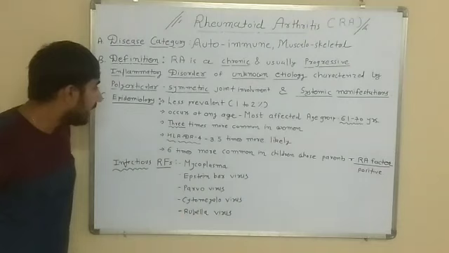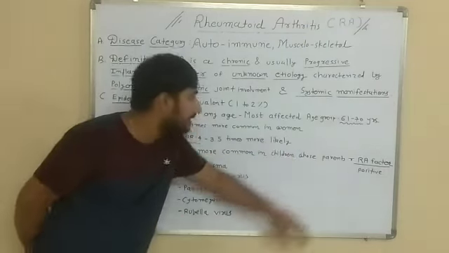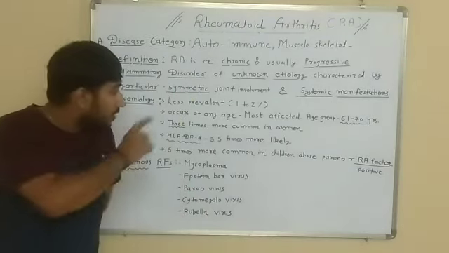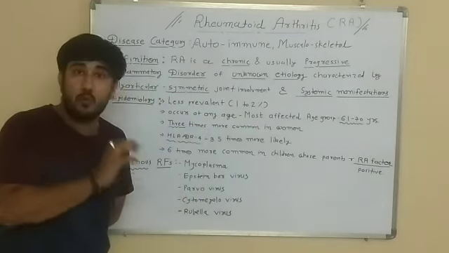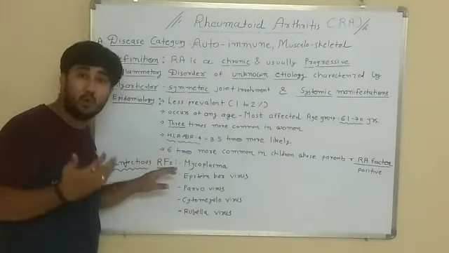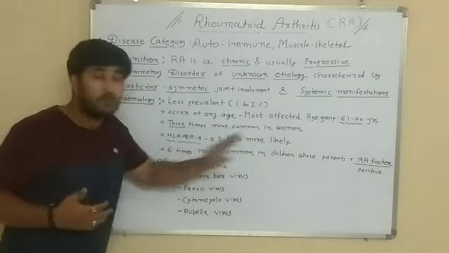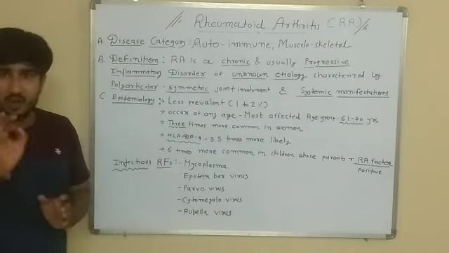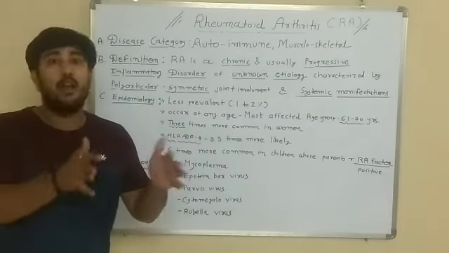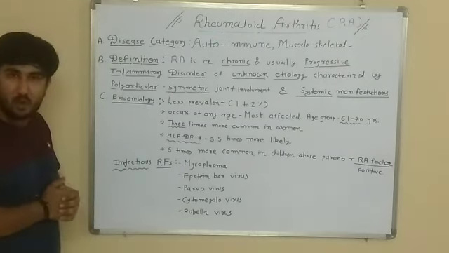Last, it is 6 times more common in children whose parents are RA factor positive. If the parents have rheumatoid factor, the rheumatoid arthritis autoantibodies, then their children, especially monozygotic and dizygotic twins, have more risk of developing rheumatoid arthritis. Understand that it may happen in a later phase of life rather than in early childhood. Good, so that is all about the epidemiology.